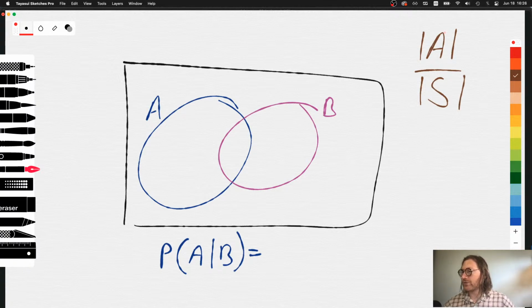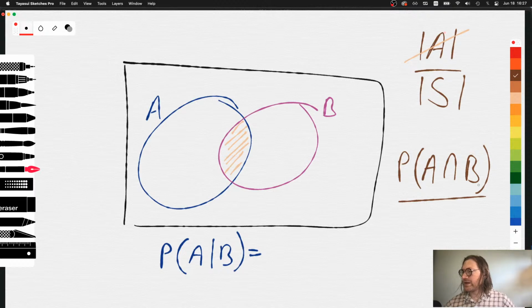We want to think of a subset of A, which is going to be the intersection of A and B, right? So instead of the cardinality of A, let's think about the probability of A intersect B. That's the first thing we're looking at.